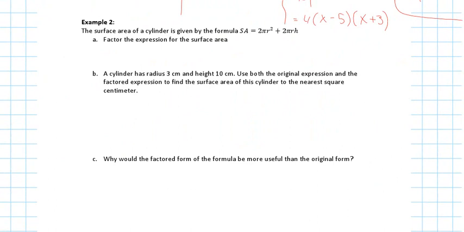There is a 2 in each term. There is a pi in each term. And there is a radius in each term, yes? So 2 pi r is my greatest common factor. If I divide each term by 2 pi r, what do I have left?